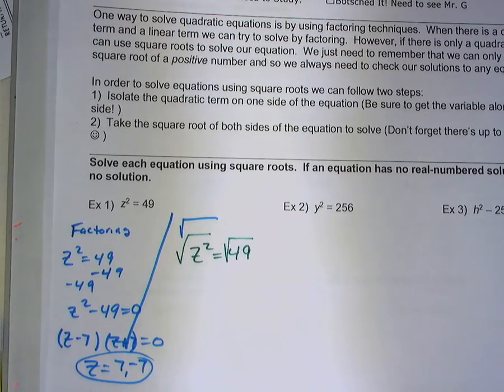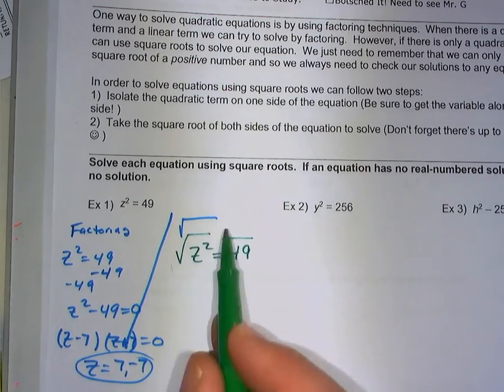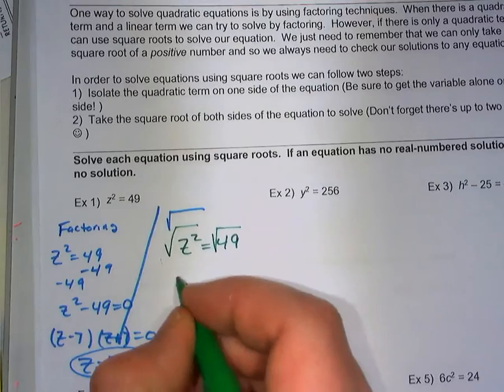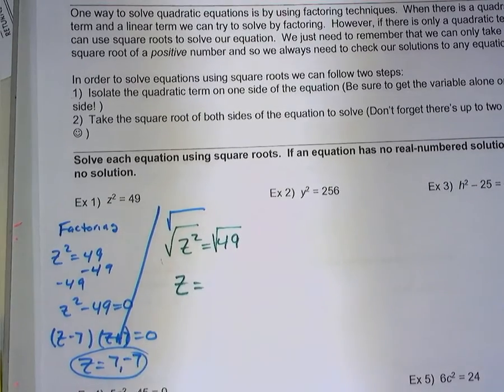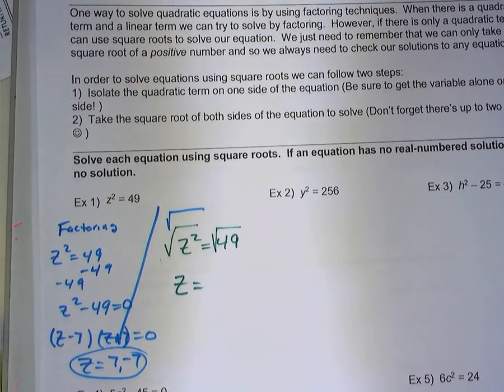So if you do it to one side, you got to do it to the other side. So when you square root something squared, you get that guy, z. So square rooting something squared is like dividing something that's been multiplied or adding something that's being subtracted. It undoes it. Okay. Well, what's the square root of 49, guys?